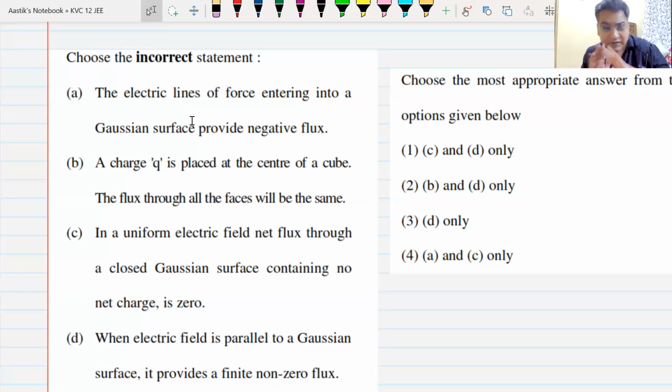Incorrect statement. Everything I have covered and every word I have said in the class, you will find a question from that word in the examination hall. Which one? Huh? What is the answer for this one?